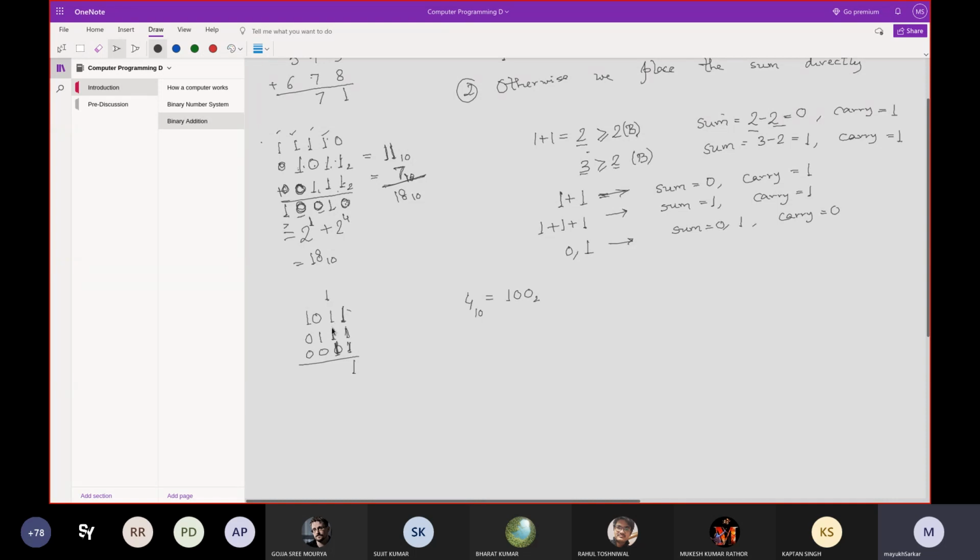Now we have 4 ones here, and in that scenario we'll put a 0 here, 0, 0. Though it seems that we'll put a 10 here, it is not quite defined in binary addition.